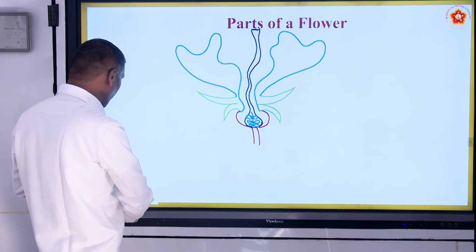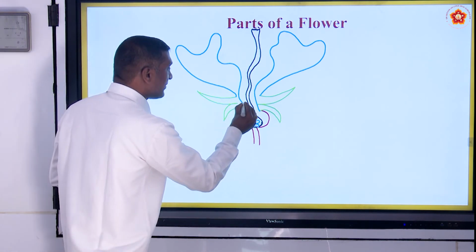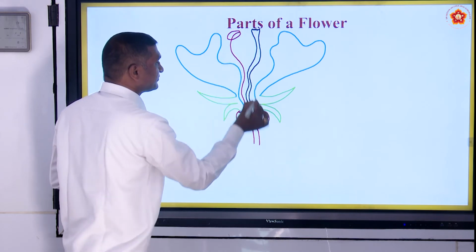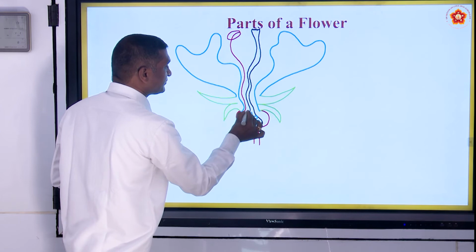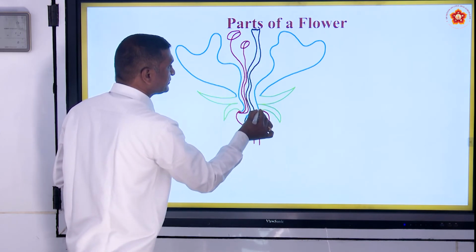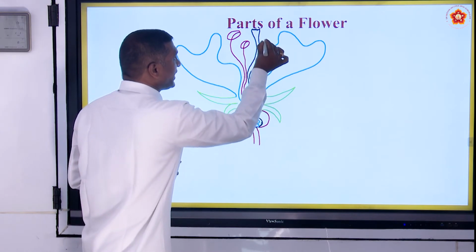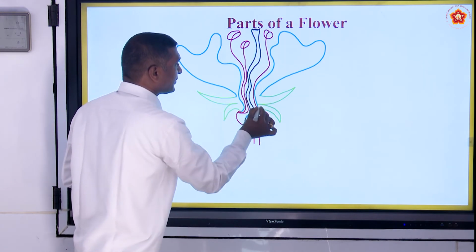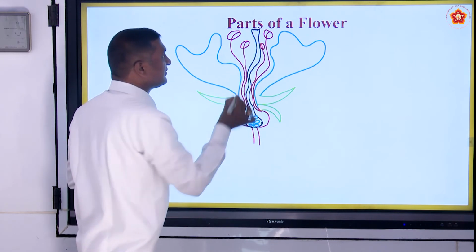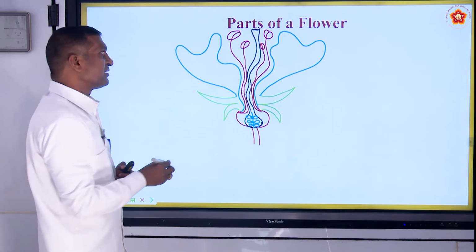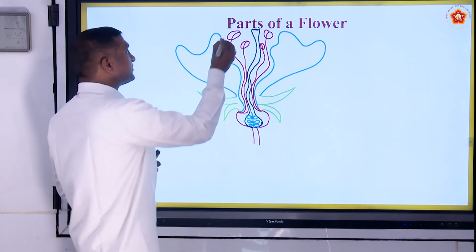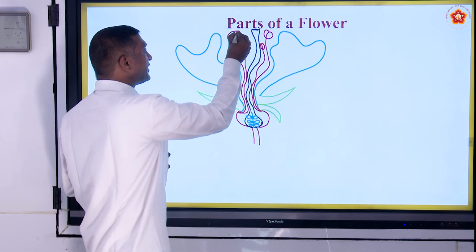Then you can see the stamen. An elongated filament is there, and also you have the anther with anther lobes. Inside the anther lobe you can observe the pollen grains.